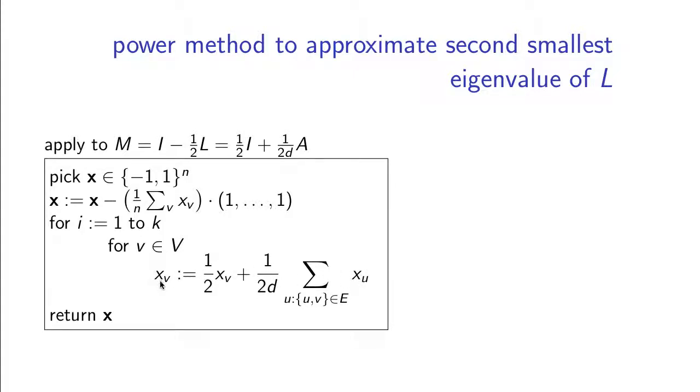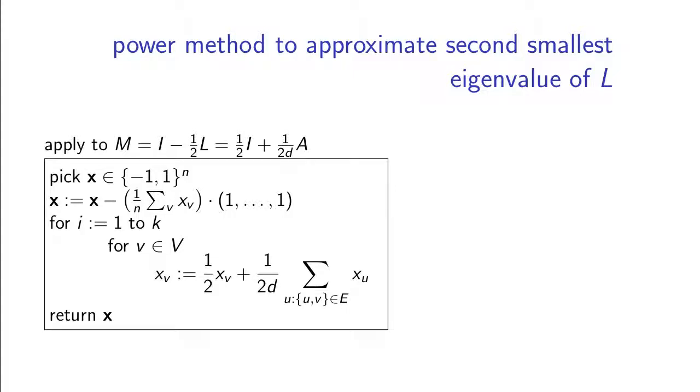So the vector after one multiplication by M will be such that every entry is going to be the average of what it was before and the average of the neighbors of the corresponding vertex. So the entry for every vertex will become some kind of convex combination of what it was before and the values taken by the neighbors, starting from a properly shifted random plus-1 minus-1 vector.